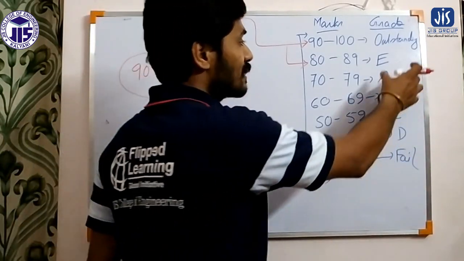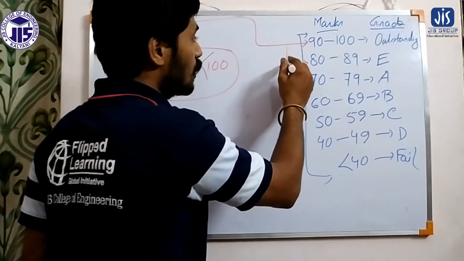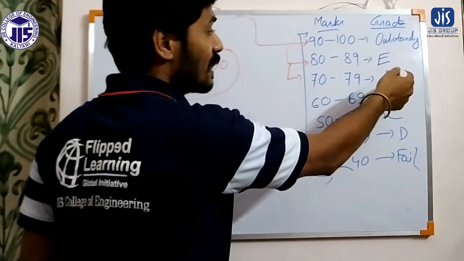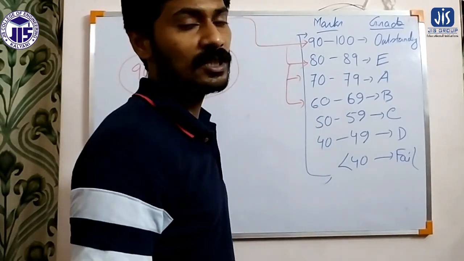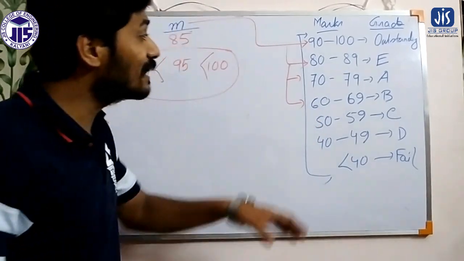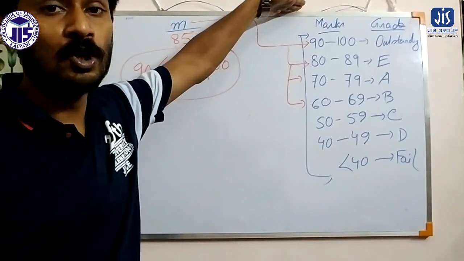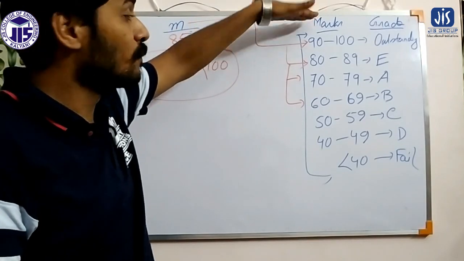If true, then excellent, and the rest of the conditions we need not check. If this is also false, then we go for the next range, and if it is true, the grade is A. If this is also false, we go for the next range. So if the marks do not belong to the previous range, we go for this range.